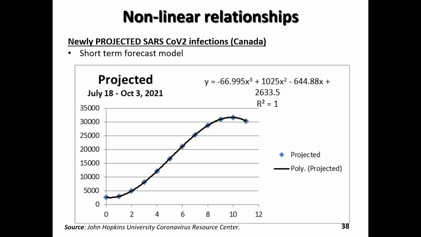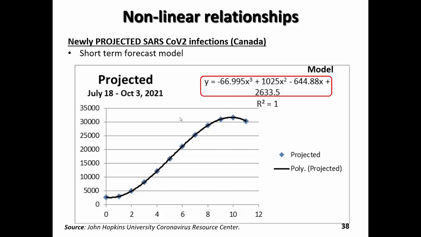Now, what we see here on this graph is what's called a forecast model. The forecast model takes the previously generated model that was produced from the data and stretches the model and tries to predict the number of cases out to October 3rd.